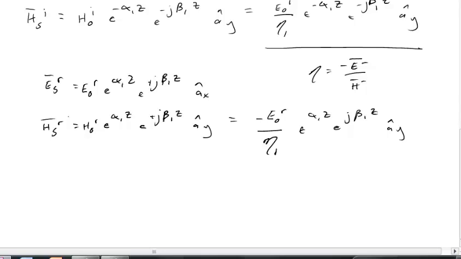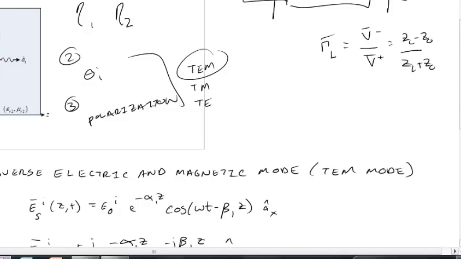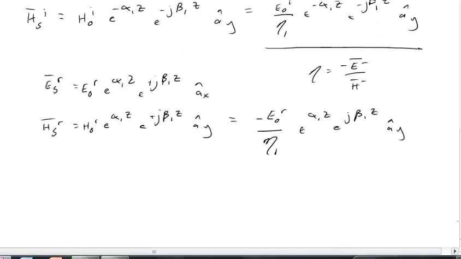And we can create a relationship for the magnitude and phase of the reflected magnetic field or electric field based on the material properties of the two media, and we call that the reflection coefficient.